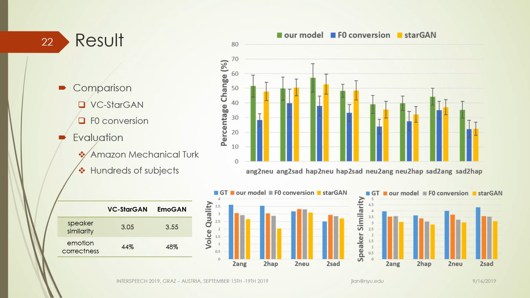Our model is slightly better than VC-StarGAN regarding the emotional conversion ability, from 44% to 48%, and speaker similarity. One reason is that VC-StarGAN is designed for voice conversion among different speakers, while our model learns the disentangled representations that can decompose the emotional characteristics and speaker identity.